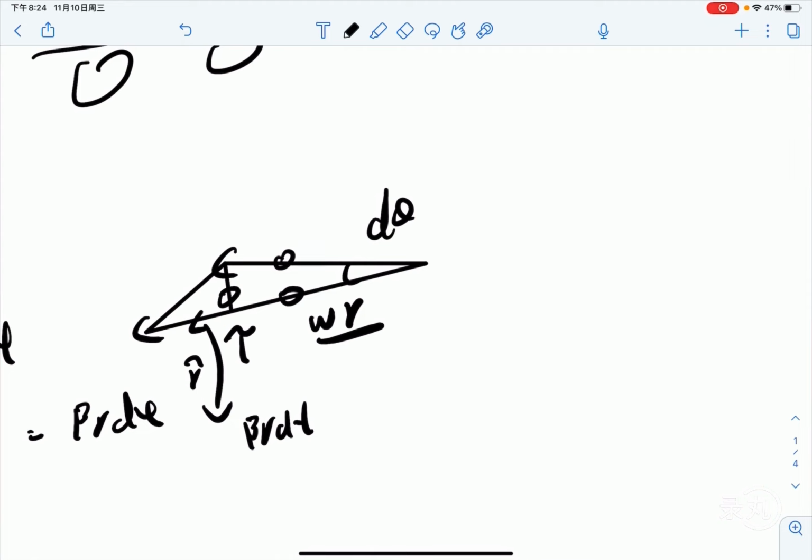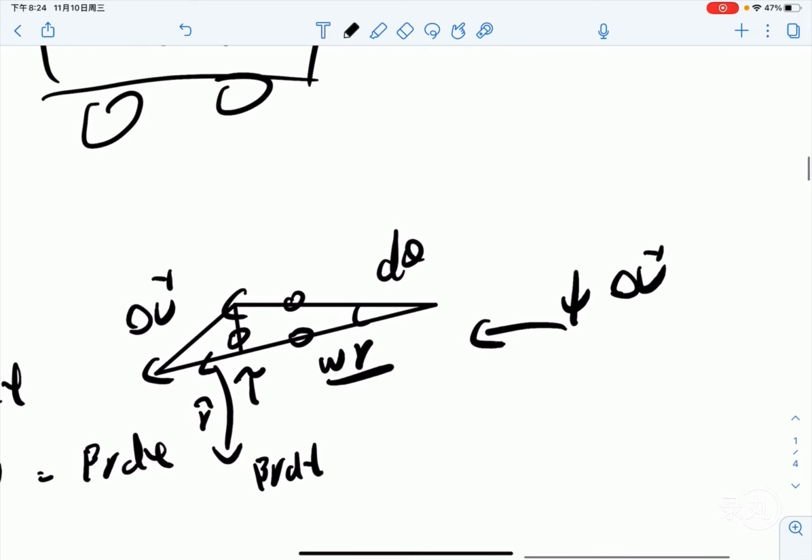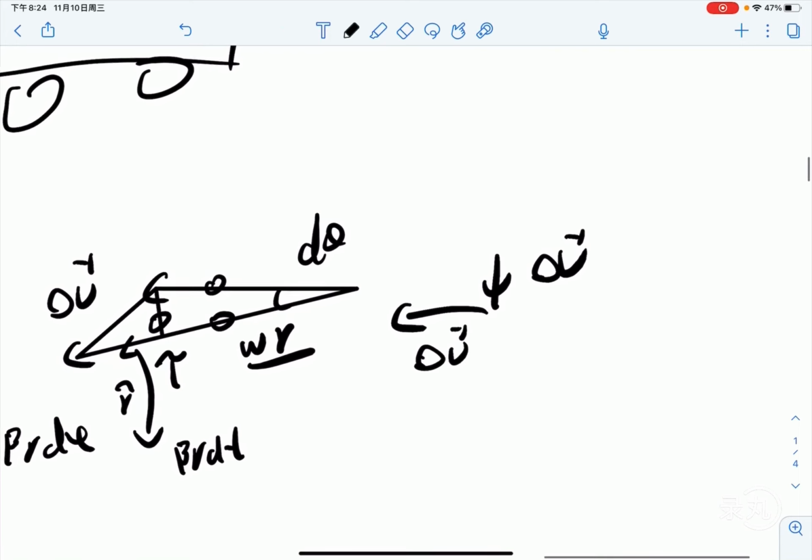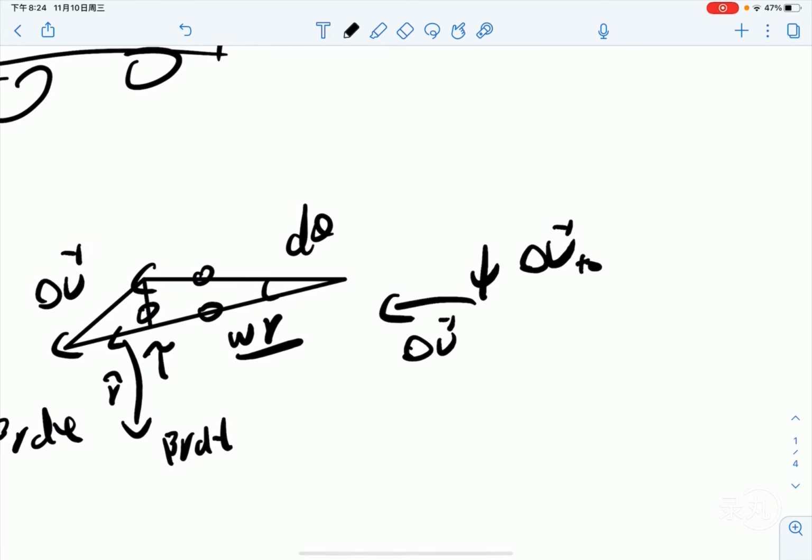So basically now we can see that we can separate the changing velocity into two components: this component, tangent, and this component, to center.